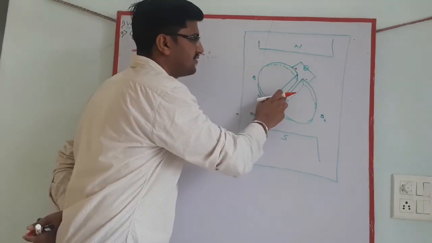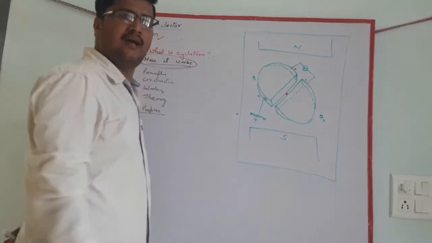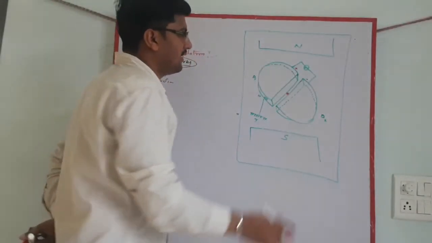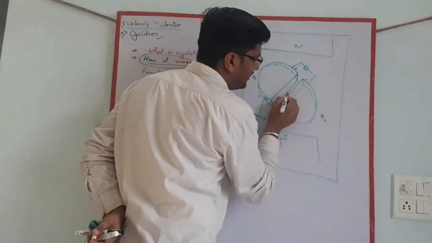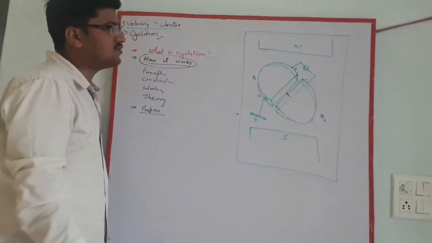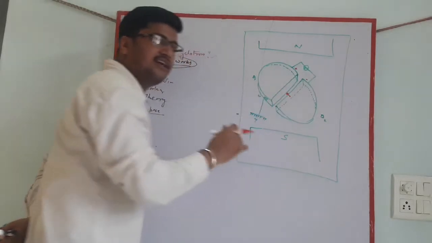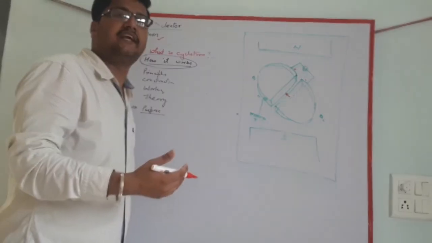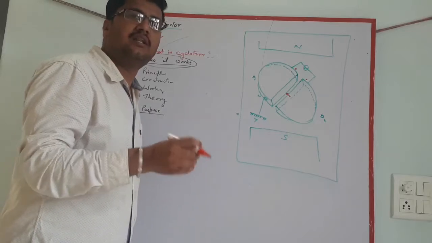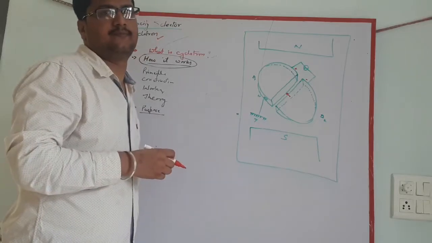This positive charge will get repelled from D1 and attracted toward D2, and due to this force of repulsion from D1 and attraction from D2, it starts moving toward D2. And as soon as it enters D2, it moves in the electric field free region.